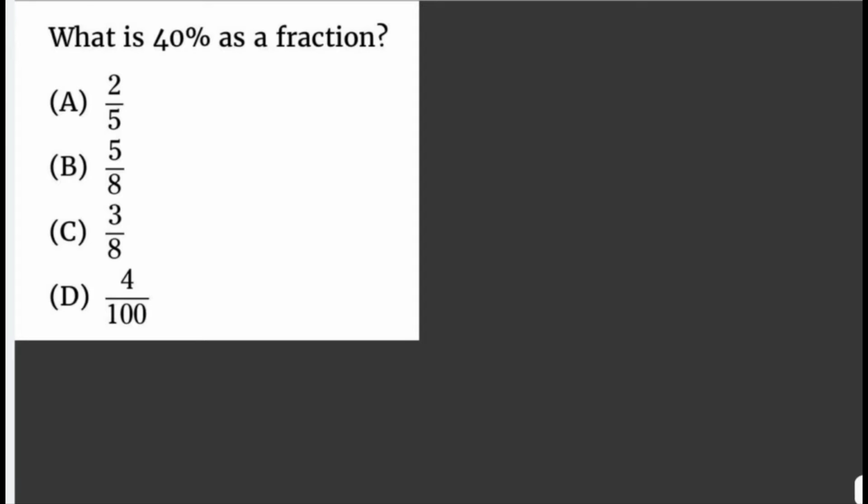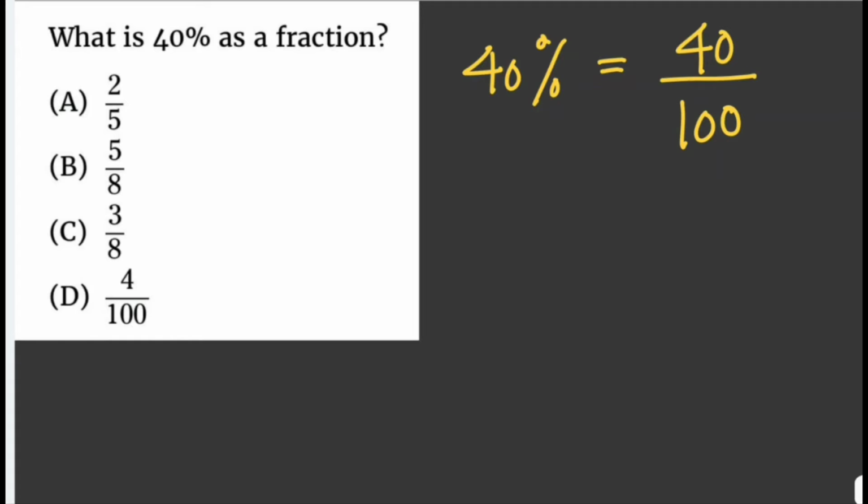What is 40% as a fraction? Now to convert a percentage into a fraction, we need to divide the percent by 100. So 40% is just equal to 40 over 100. Then we can reduce 40 over 100 to the simplest fraction.